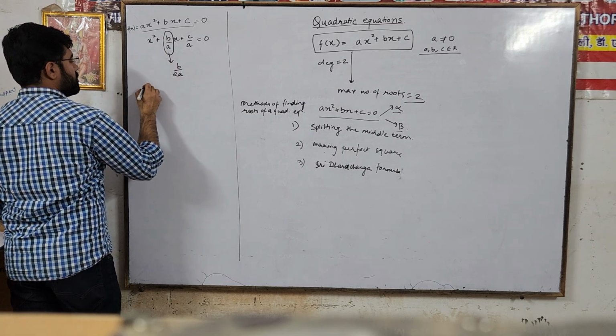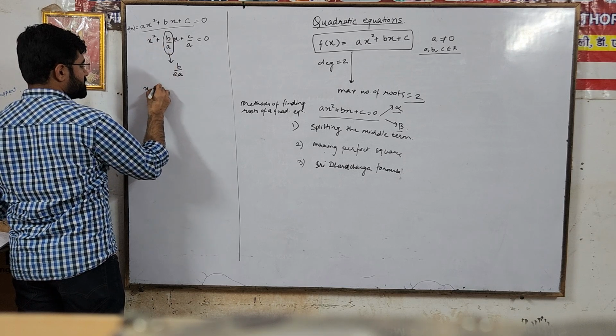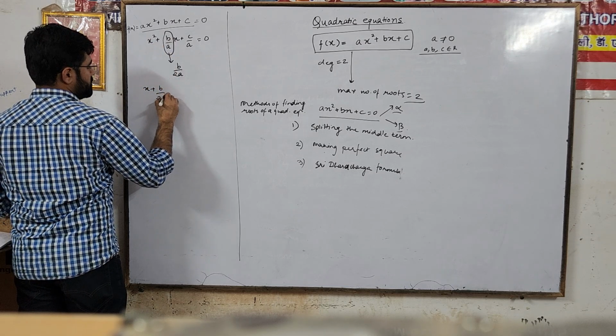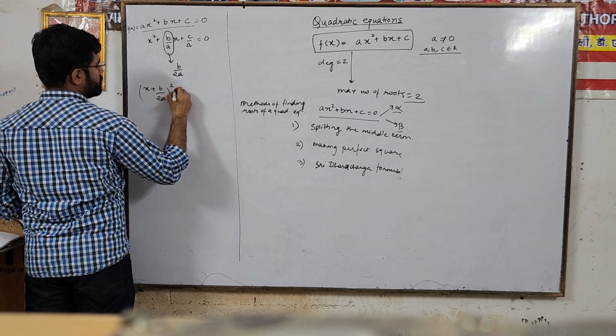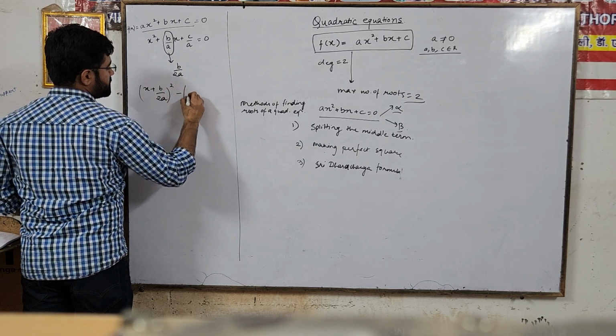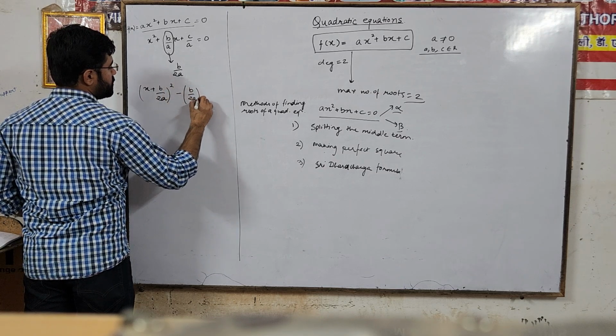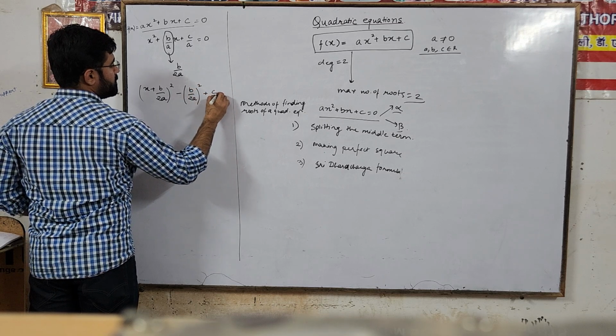So now I write the entire expression as x plus b by 2a whole squared, minus b by 2a whole square, plus c by a.